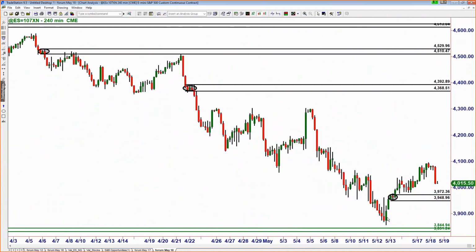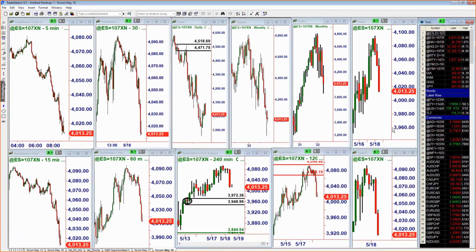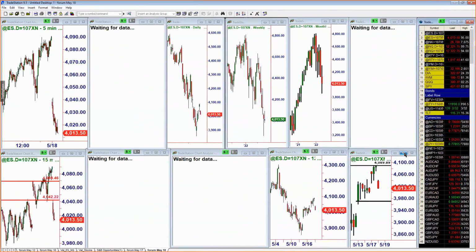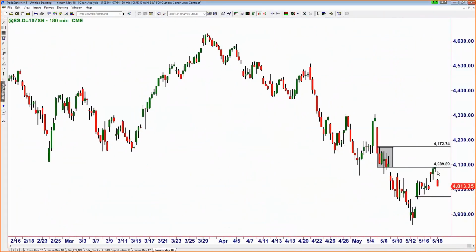The higher probability demand zone is down below 3,900. Certainly below last week's lows. That's where the high probability demand zones come in. But before that, likely to see a bounce at the 3,972. But that bounce is likely to stall out and prices are likely to turn lower up here once we get above 4,100. Does that make sense?